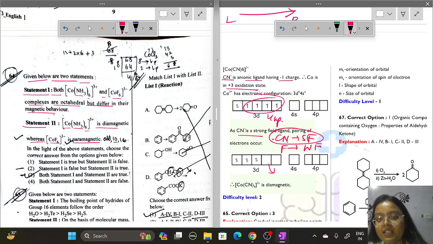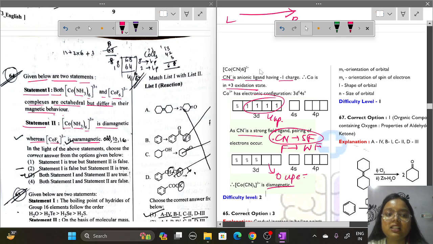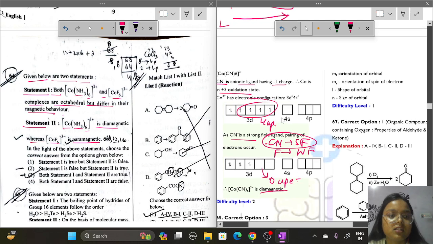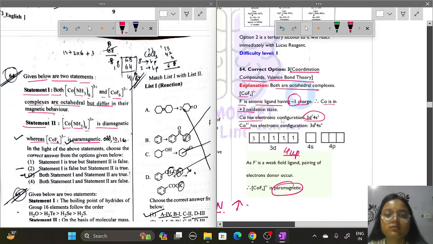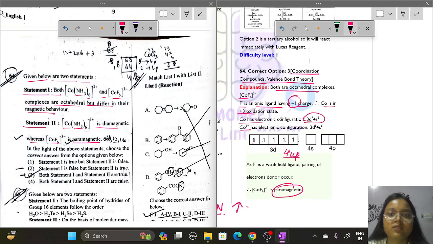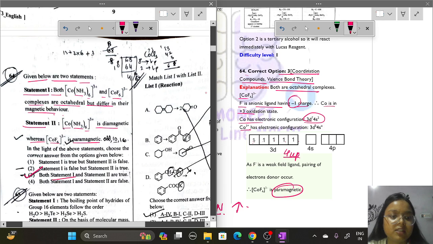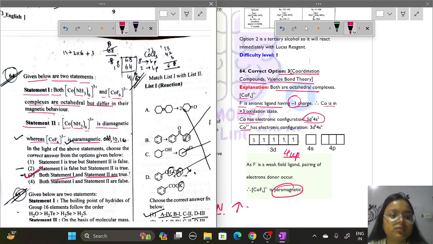Upon pairing, there will be 0 unpaired electrons, so it will become diamagnetic in nature. So the correct option is option 3. Both statement 1 and statement 2 are true.